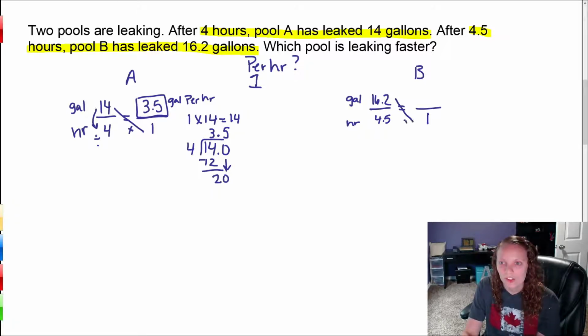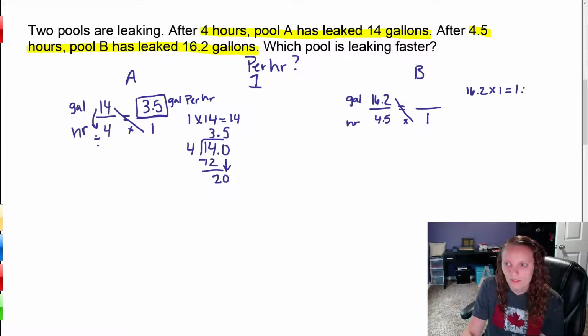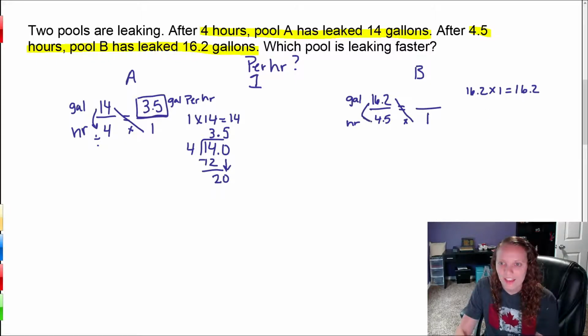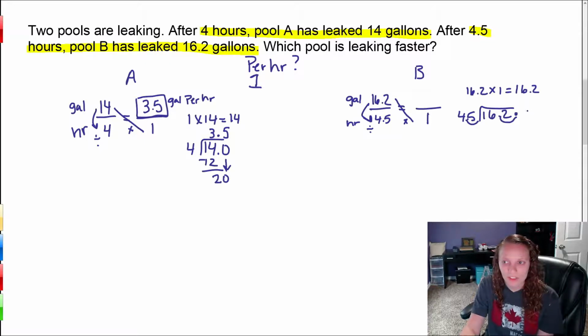We're going to crisscross multiply. And then divide that answer by 4.5. Okay, we can't have a decimal on the outside, so let's move that over once. Move it over once on the inside as well.